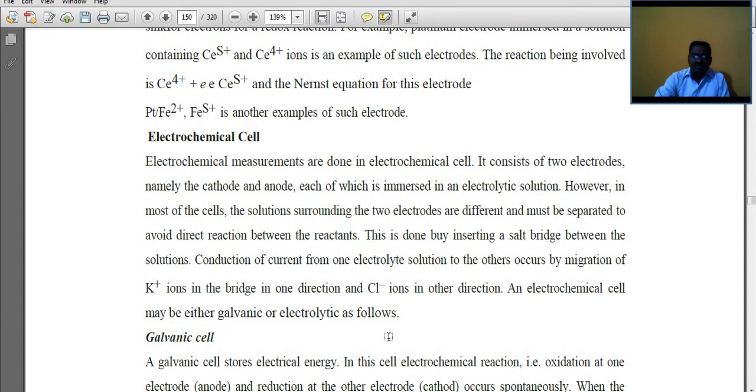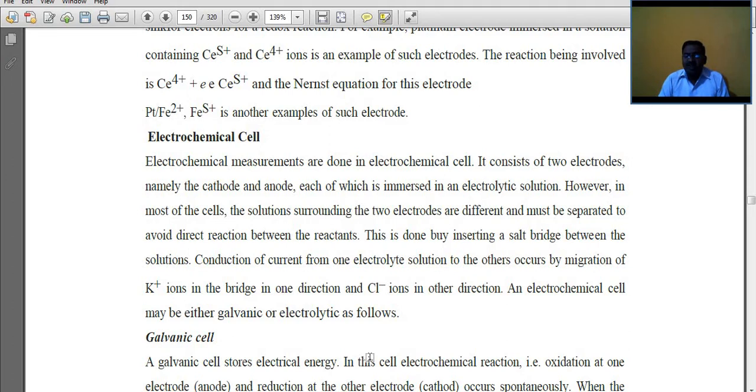Now the electrochemical cell. Measurements are done in an electrochemical cell. It consists of two electrodes, namely the cathode and anode, each of which is immersed in an electrolytic solution. However, in most cells, the solutions surrounding the two electrodes are different and must be separated to avoid direct reactions between the reactants.